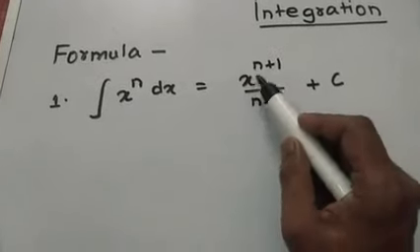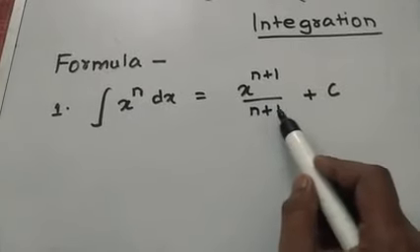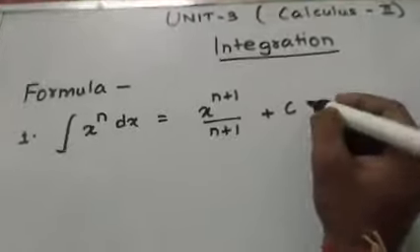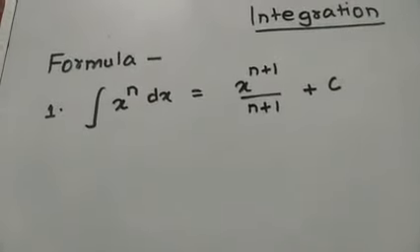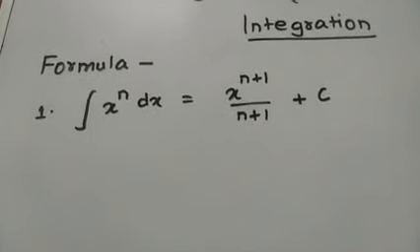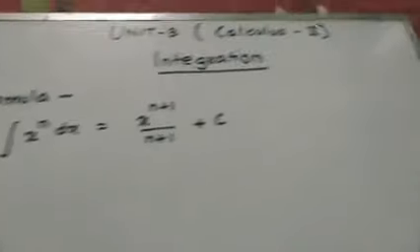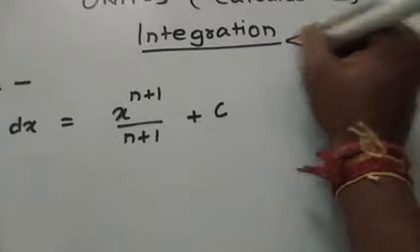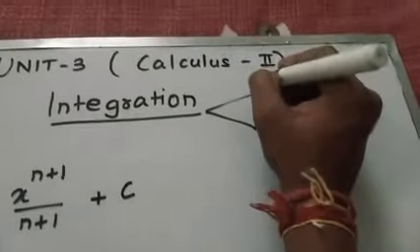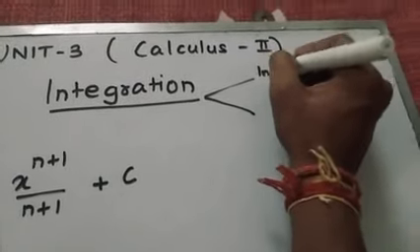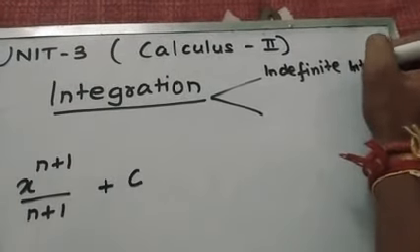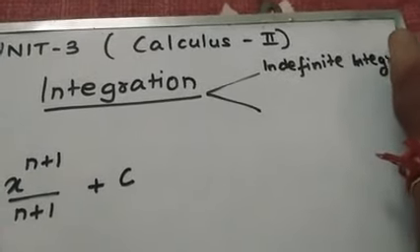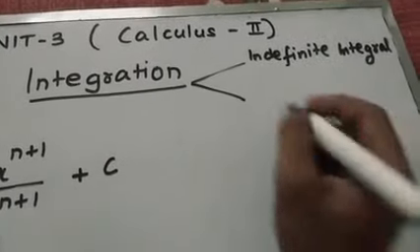The formula is x to the power n plus 1 divided by n plus 1, and this plus c is mandatory whenever you are solving the integration. One thing I forgot to say, that integration is of two types. We will deal with integration of two types: one is indefinite integrals, another one is definite.